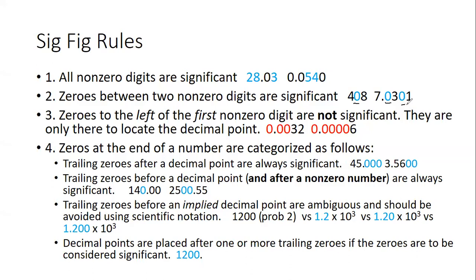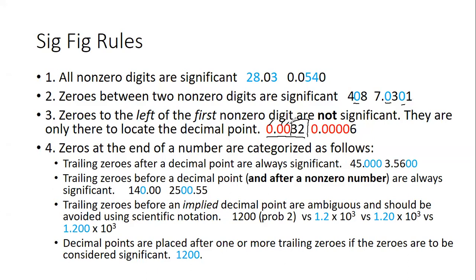Now, any 0 that is to the left of a non-zero number is not a significant figure. So in this number, 0.0032, what you are saying is that these first 3 zeros are placeholders, and your measurement is not precise enough to know if they're actually zeros or not.